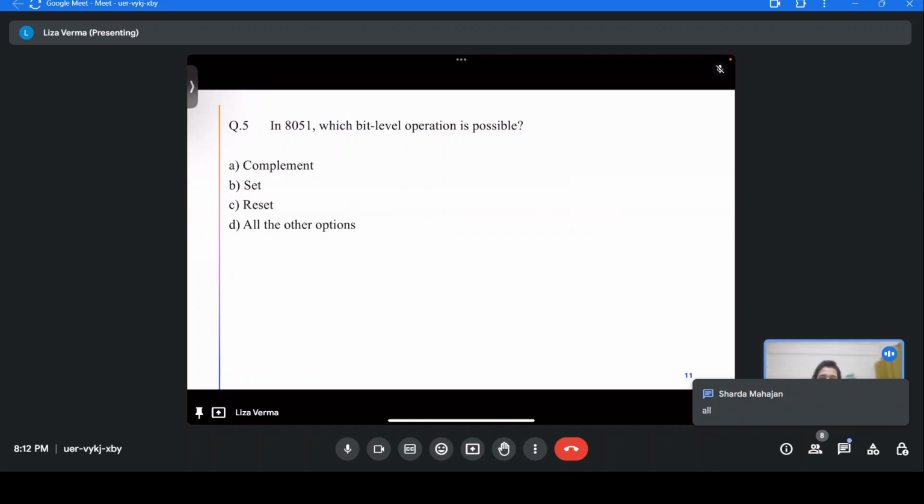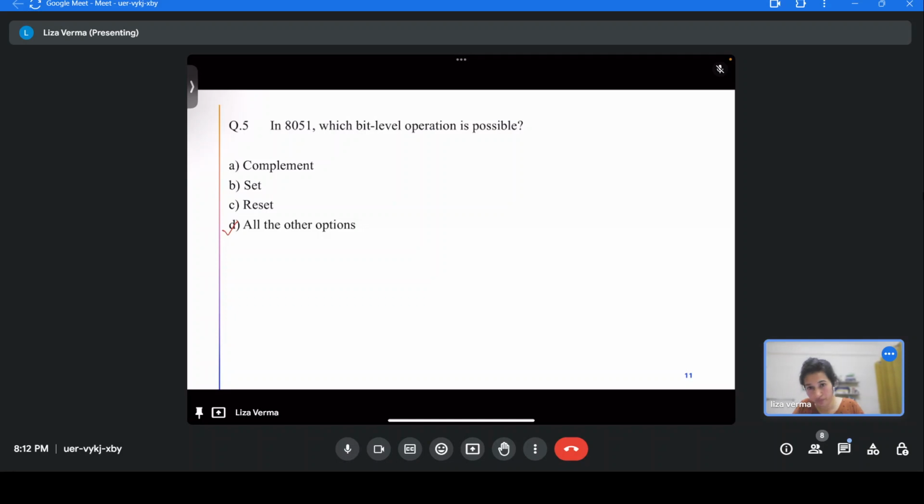Can you complement the bits? Yes, ma'am, you can. Can you reset? Yes. You can also reset. So Option D is the answer. All of these are possible bit operations.